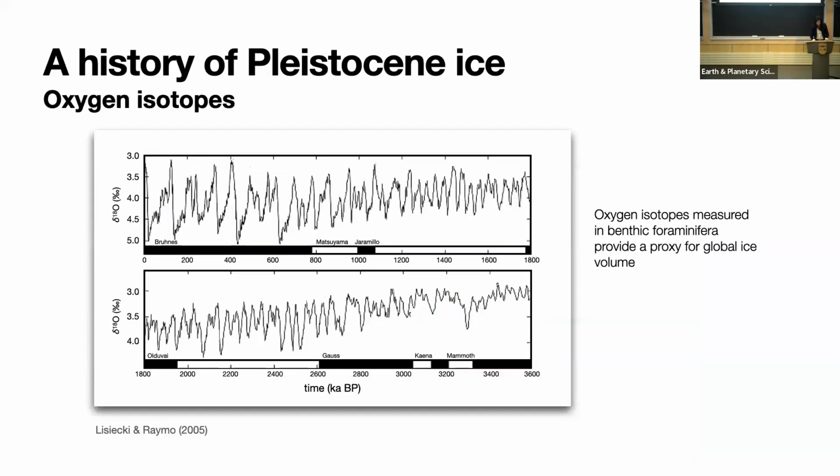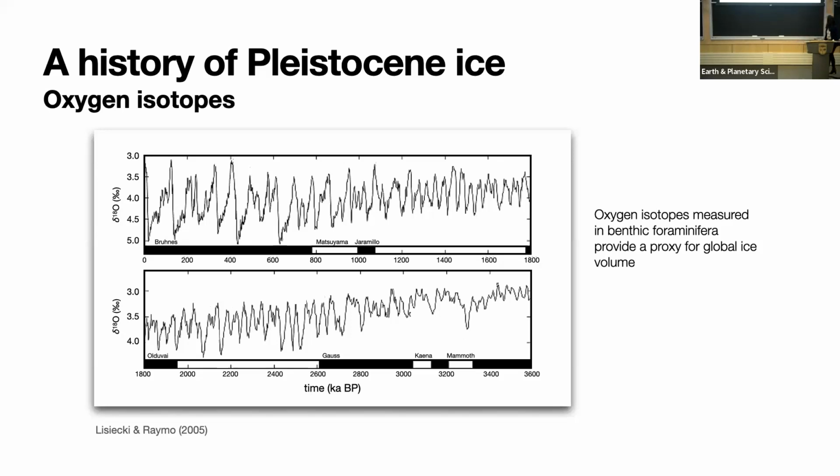But if you go further back in time, we can start to see patterns in the history of Pleistocene ice. One of the most powerful proxies we use to infer ice volume that you might have come across are the oxygen isotopes. These are found in marine sediment cores, measured in benthic foraminifera, shells that hang around the sea floor.